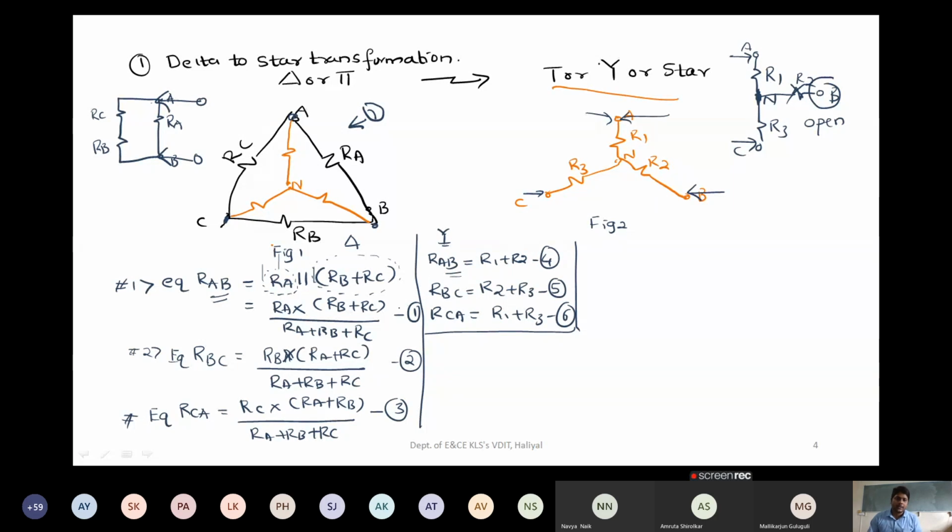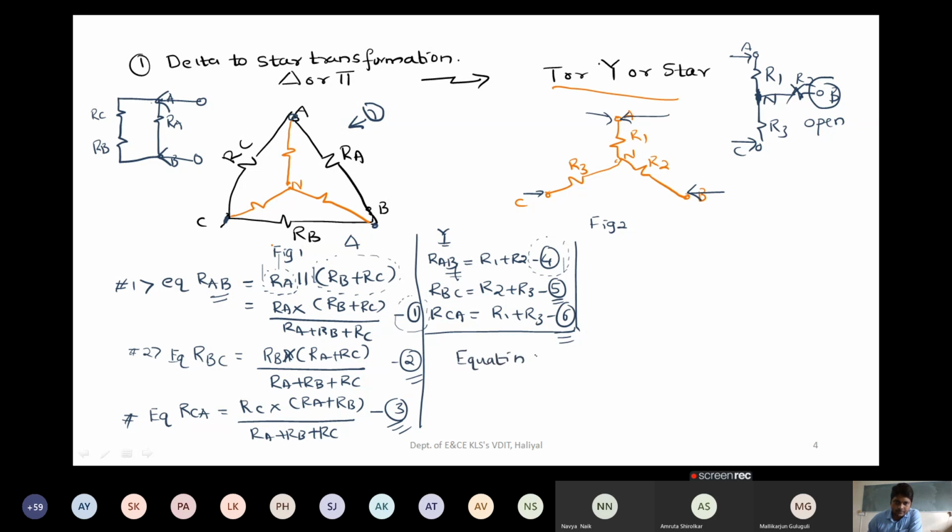So if you equate these equations, you can equate equation 1 and 4, equation 2 and 5, similarly 3 and 6. So one example we can take here.